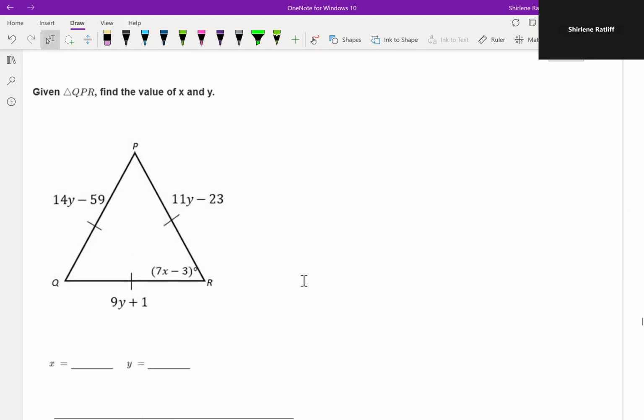All right, number 20. In triangle QPR, find the value of x and y. All right, so if a triangle has 3 congruent sides, then it will also have 3 congruent angles.